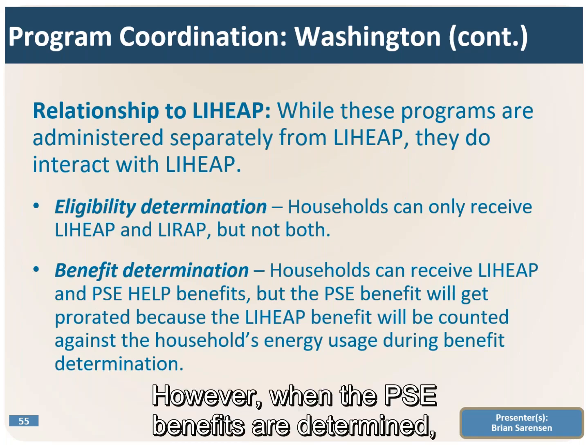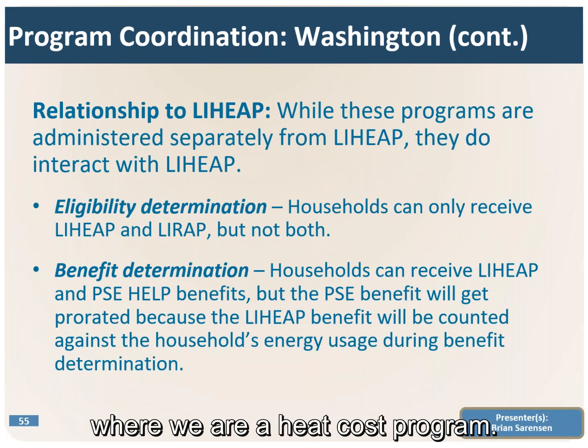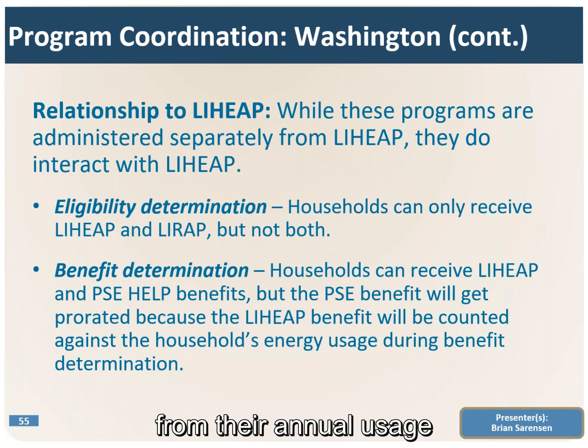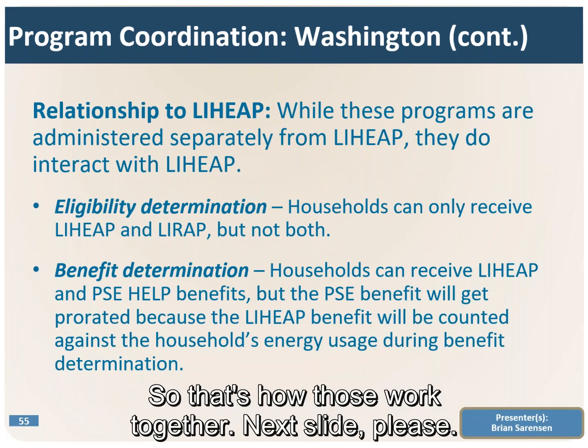However, when the PSE benefits are determined, PSE's benefits are a usage program where we are a heat cost program. So their heat cost is deducted from their annual usage before the benefit for PSE is implemented. So that's how those work together. Next slide, please.